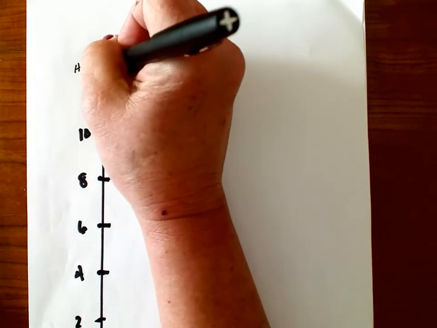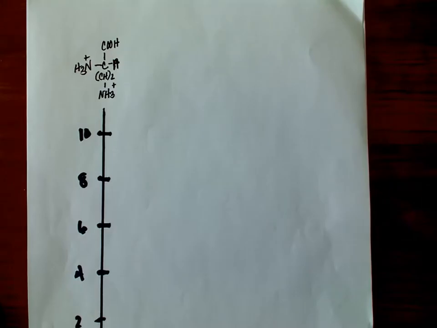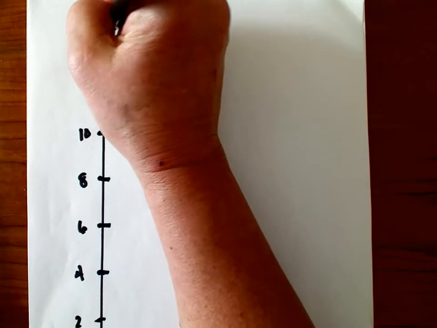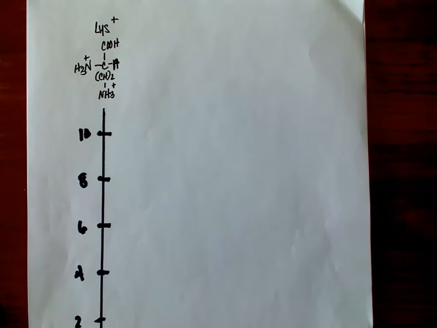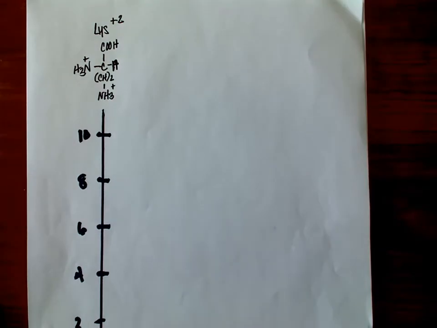I'm so used to having that there. Okay, so when the pH equals 0, lysine has a plus 2 charge. Both the side chain amino group and the alpha amino group are charged or protonated.